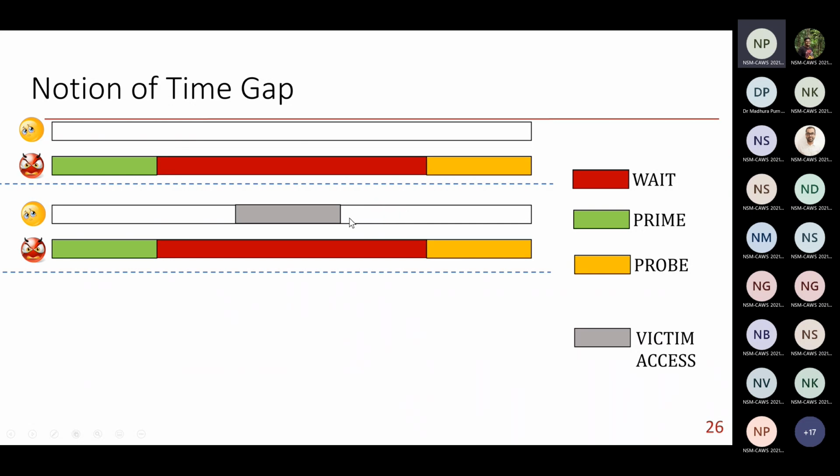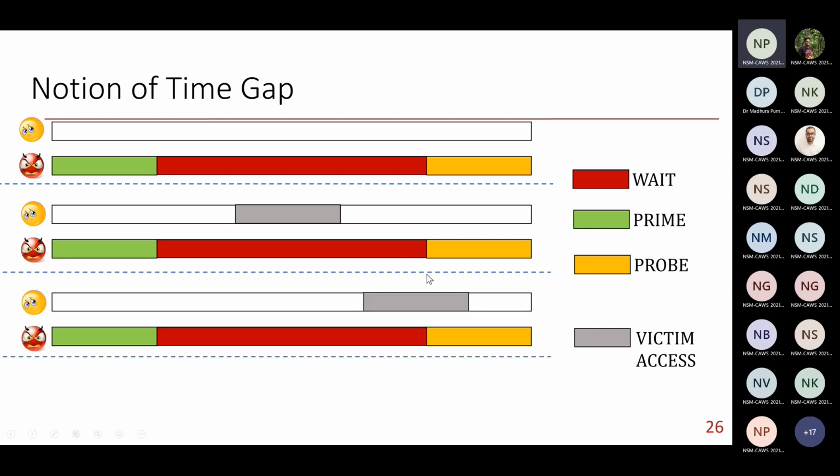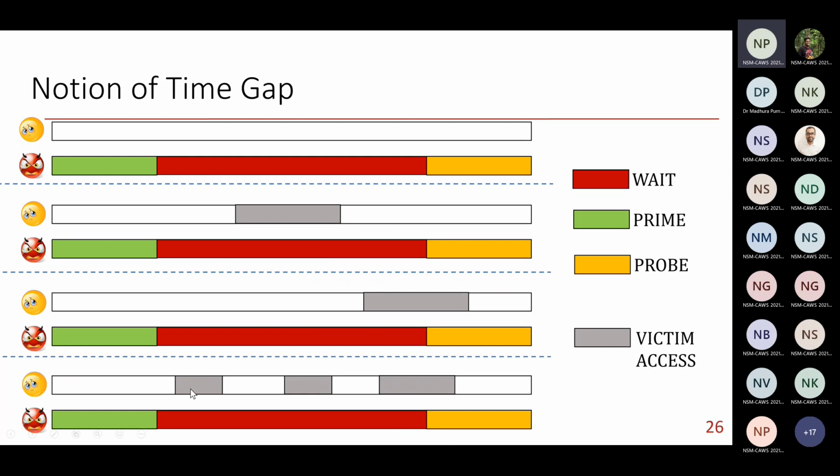Ideally, you would like the victim to access during the wait step of the attacker, because the attacker has already thrashed the cache. It is waiting for the victim to come, and then finally it will probe, right? But you can have various combinations. The victim can access multiple times, or the victim may come during the interval between the wait and probe phase.